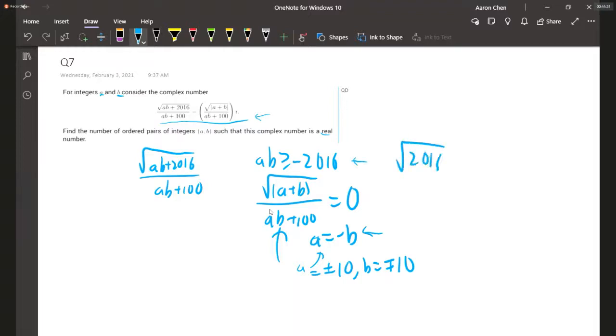And so the floor of the square root of 2016 is 44. So a can be anything from negative 44, negative 43, all the way to 44, except for negative 10 and 10.